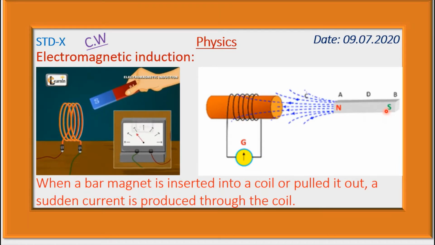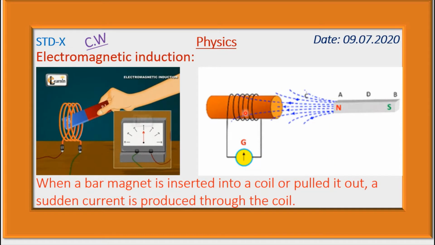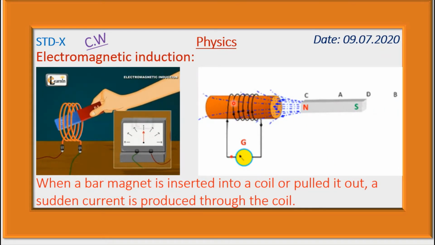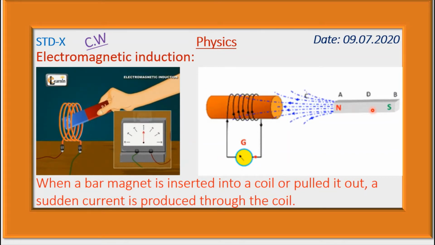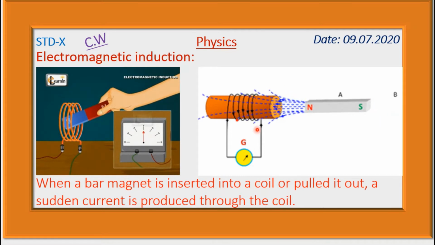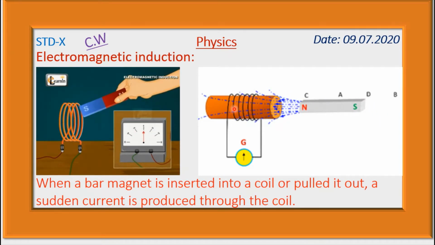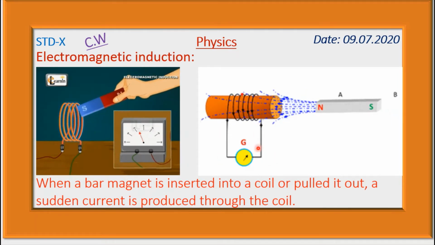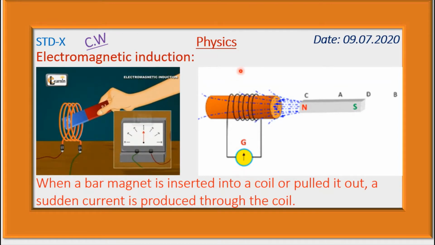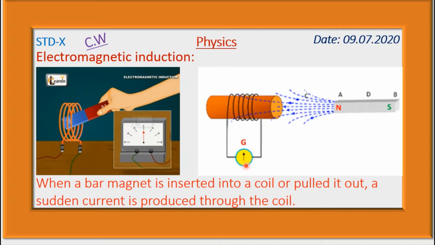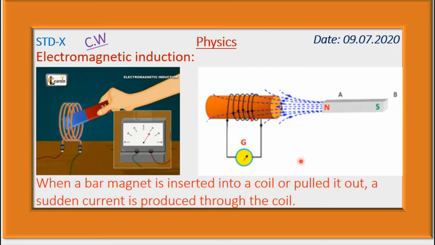Here the bar magnet is brought near to this coil, then magnetic flux inside this coil is increased, but when the bar magnet is taken out from this coil, then the magnetic flux is decreased. Therefore an induced voltage or induced current is produced through this coil, and this induced voltage or induced current is determined by the galvanometer connected with this coil.